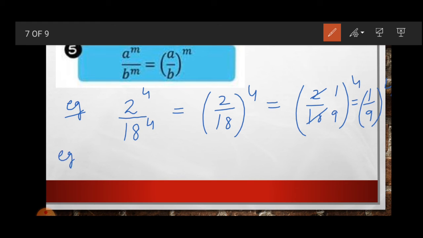Let's take another example. 4 by 16 raised to the power 6 can be written as 4 raised to the power 6 divided by 16 raised to the power 6.